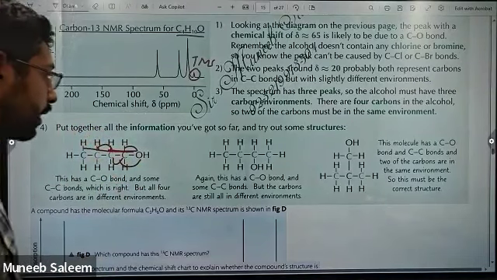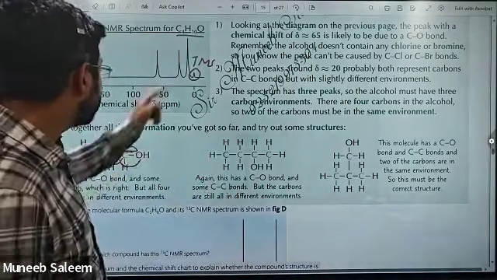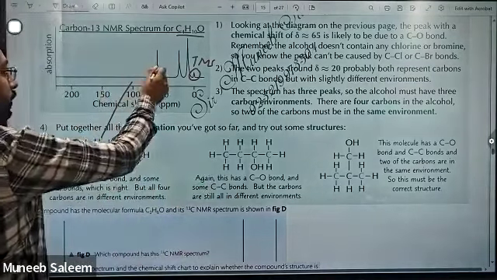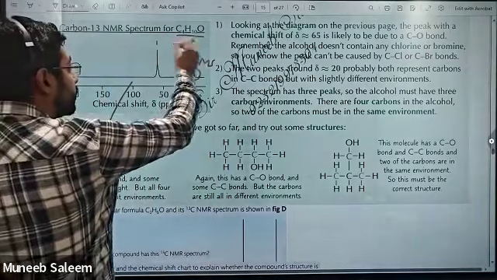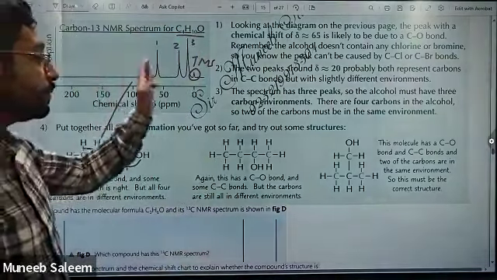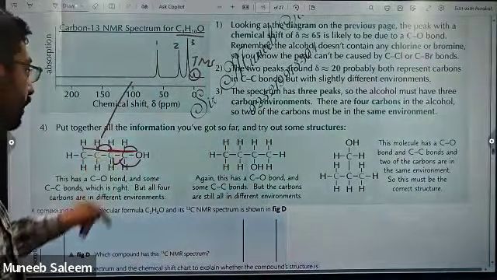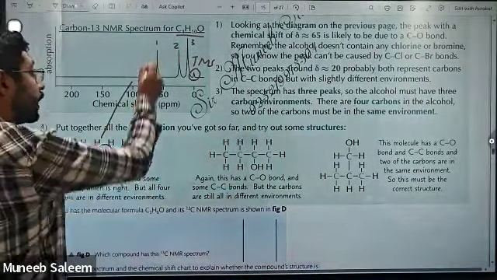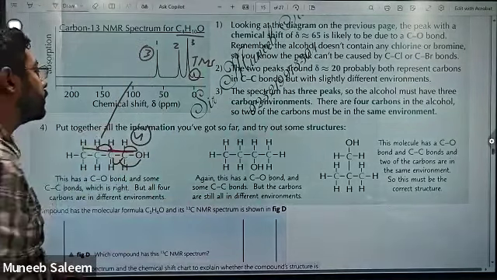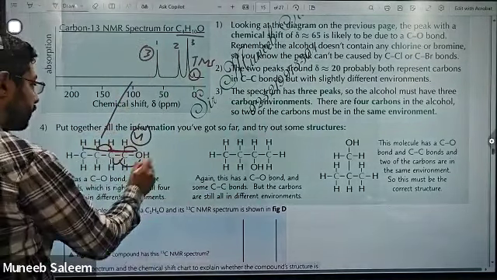That's why they are all different chemical environments. So that cannot be this compound, because we have 1, 2, and 3 different lines present here. 3 different lines means 3 different chemical environments. But here we have 4 different chemical environments, and over here we have 3. So this could not be the compound.